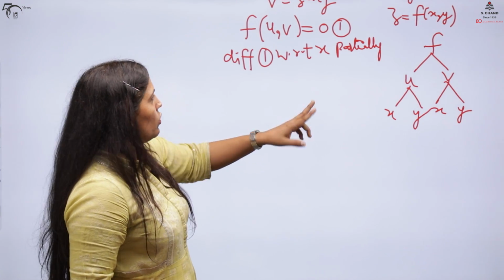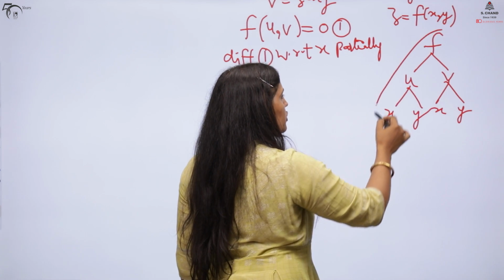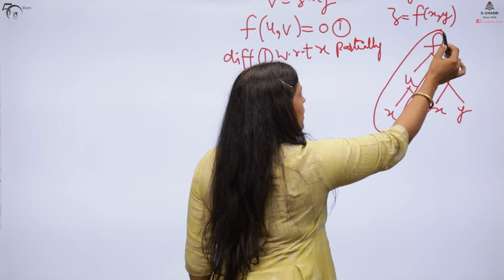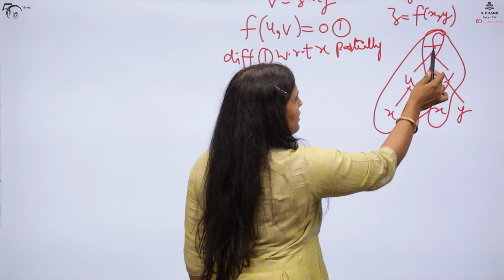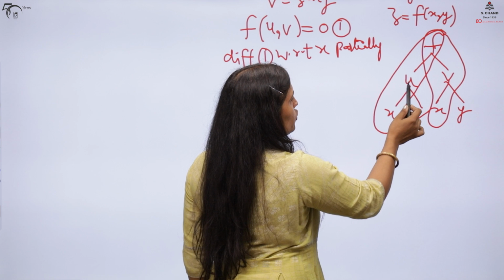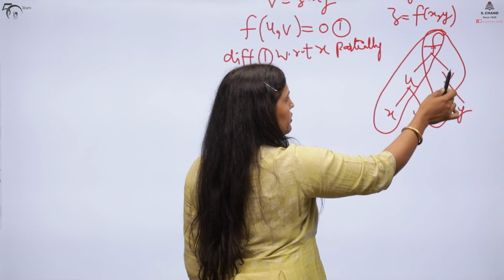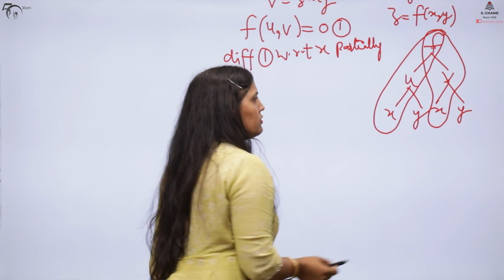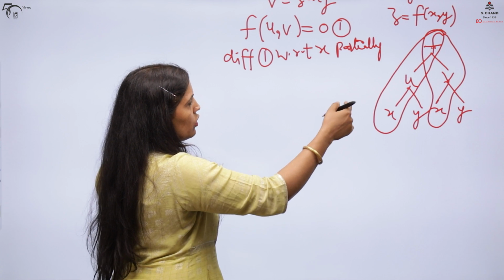Now with respect to x, how many chains are ending? You can clearly see 2 chains. So f partial derivative with respect to u and then u partial derivative with respect to x, plus f partial derivative with respect to v and then v derivative with respect to x. This is how you take the derivative. This is called the chain rule.